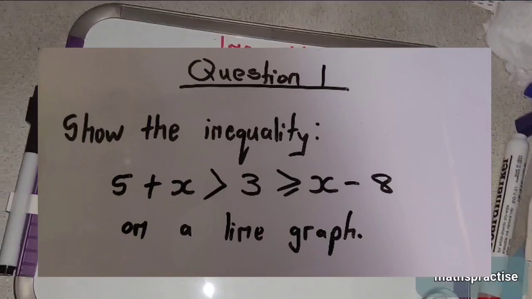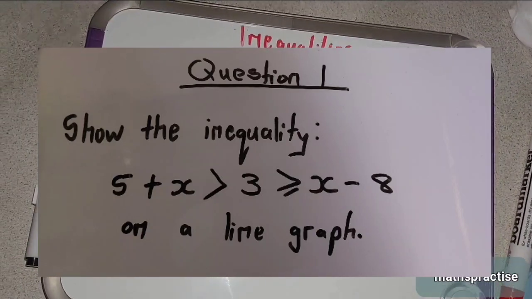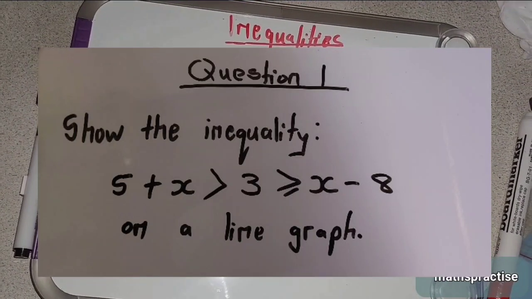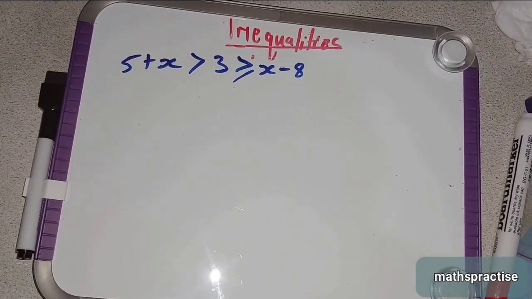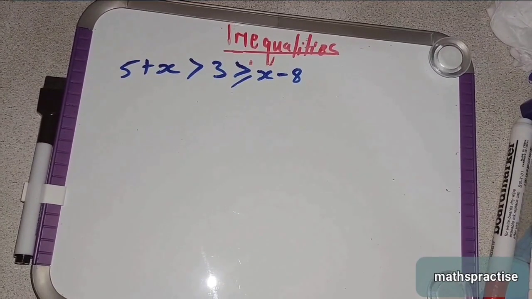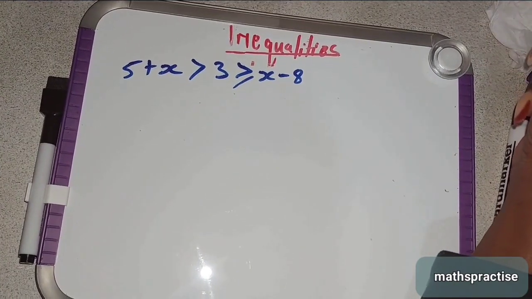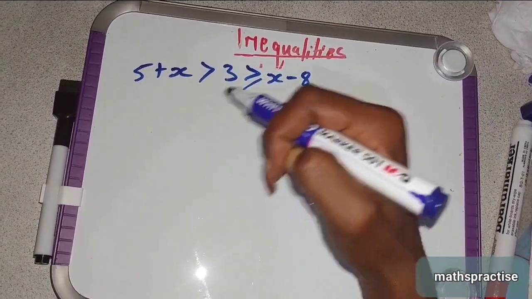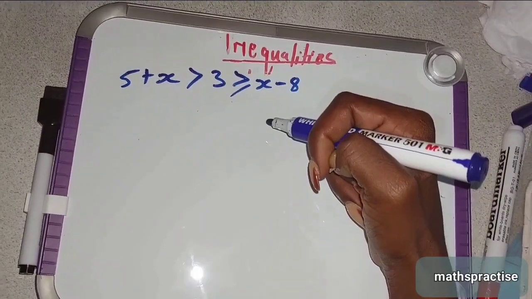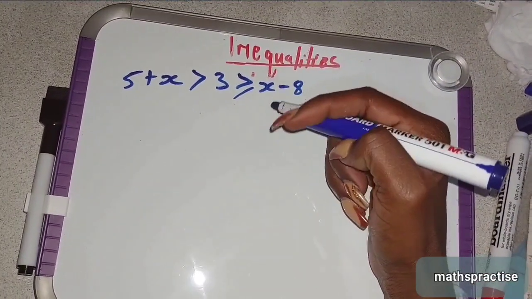That's our question. Like we did previously, the first thing that we do is get our range of values. We work out these two inequalities so that we remain with the range of values. Initially we are going to subtract x from throughout.